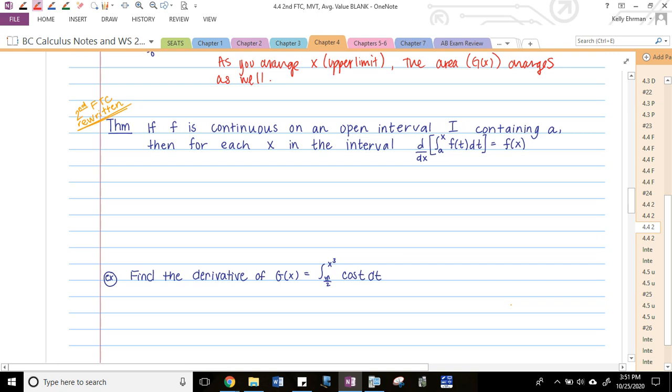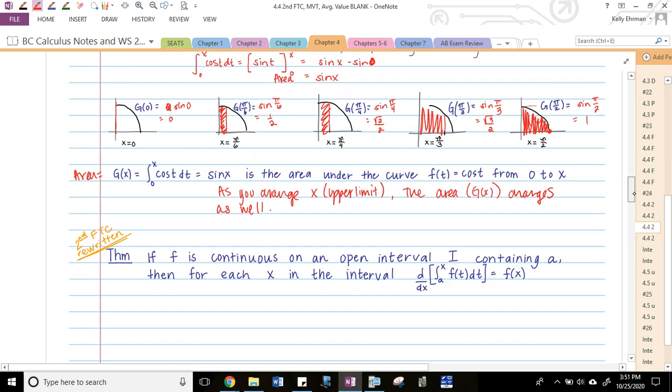So we know that derivatives and integrals are inverse operations. They cancel each other out. But what happens to this t, right? Remember, the integral from a to x of f of t dt is some function g of x. Whatever that area function's variable is, it will match the upper limit. It will not match the different variable that was in there to start with.